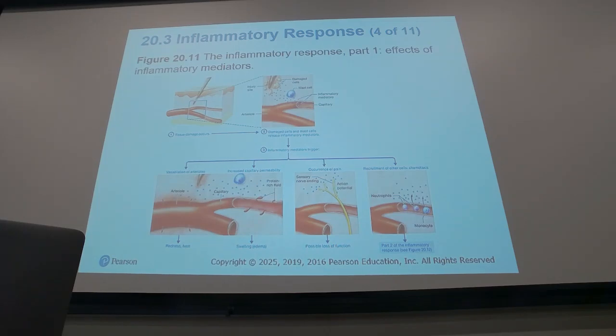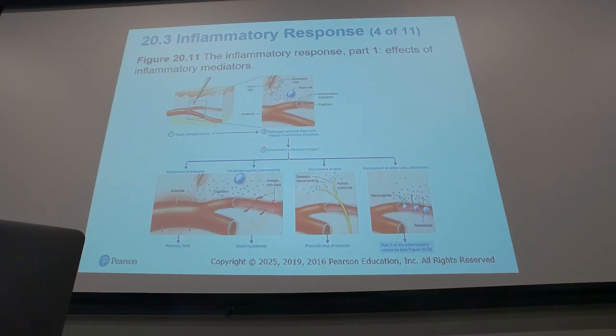Now for the inflammatory response. The inflammatory response is part of the innate system, just like the complement system. We are all born with chemical mediators of inflammation, and we are all born with skin. Let's say someone has a splinter going into their skin, and that splinter has some bacteria in it.